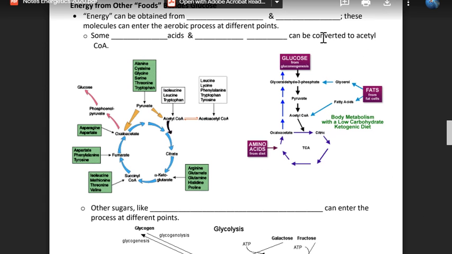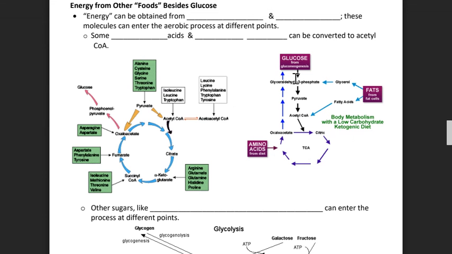So on my screen here, if you can see it, I'm just going to focus on this one, just this one with the purple squares real quick. I hope that you can look at this and be like, glucose to pyruvate. Oh, okay, that's glycolysis. Pyruvate to acetyl coenzyme A. Okay, that's a prep reaction. This must be the Krebs cycle. Okay. And this is just showing you that you don't have to start with glucose.